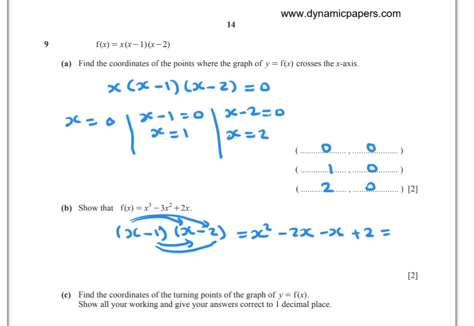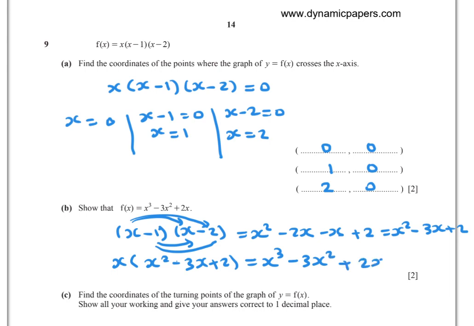So we can simplify to x squared minus 3x plus 2. Now multiply by x: x times (x squared minus 3x plus 2) equals x^3 minus 3x^2 plus 2x.